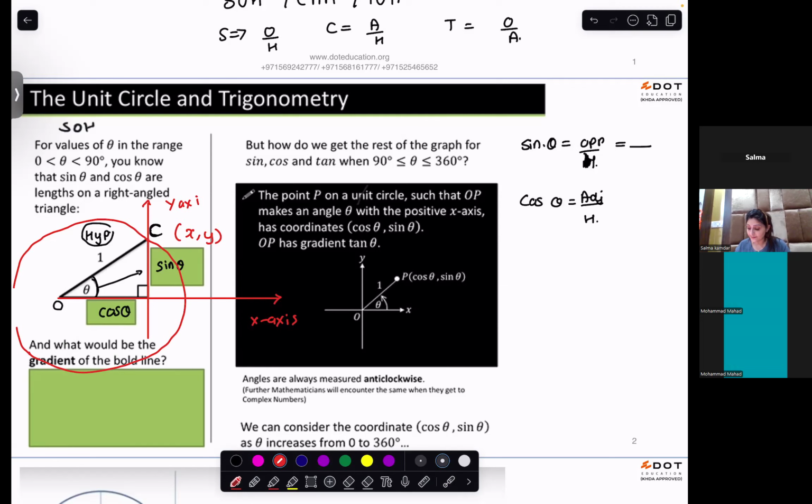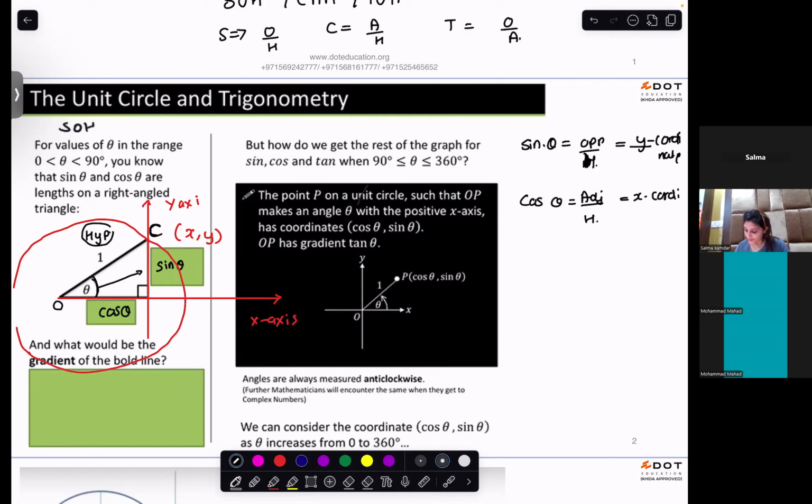So when I am talking about sine theta, it is lying on which axis? The y-axis. So can I say my sine theta is always the y coordinate on the unit circle? And cos theta would always be the x coordinate of point C.